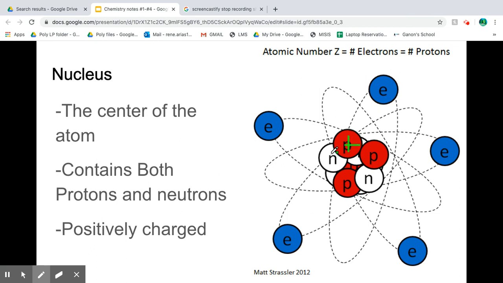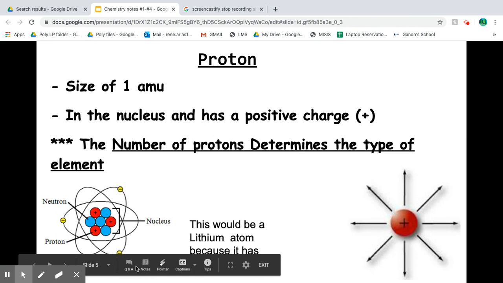Neutrons have no charge. They have a 0. Well, what's positive plus 0? For example, positive 1 plus 0 is going to be positive. So because this is positives and 0 charges, the center of this is considered to be positively charged overall.